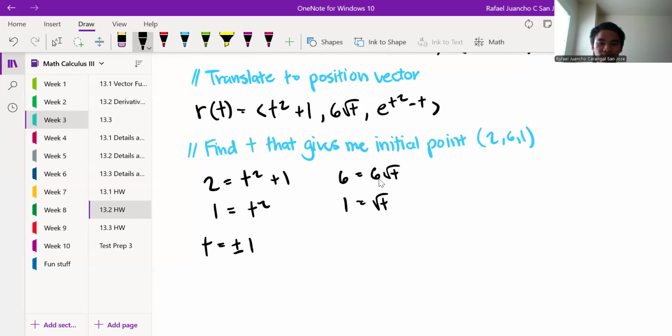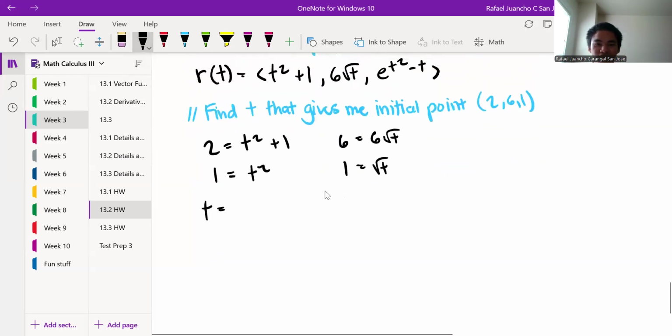And here, 1 works, but negative 1 doesn't, right? Okay, so this is the issue with doing square roots. Then we have either a positive one or a negative.